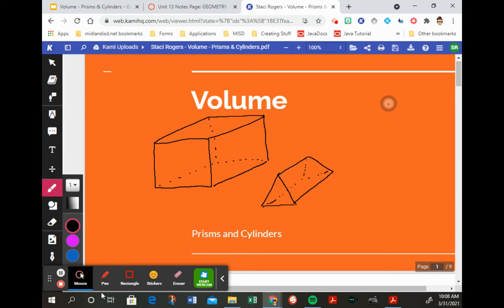A cylinder has two circles, and they look like ovals here, and two lines. So we have prisms and cylinders, and they're going to use the same formula for volume.